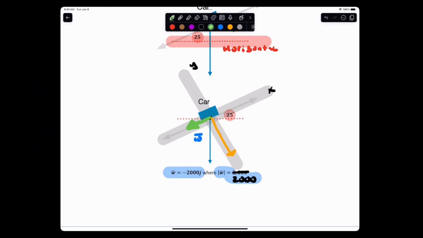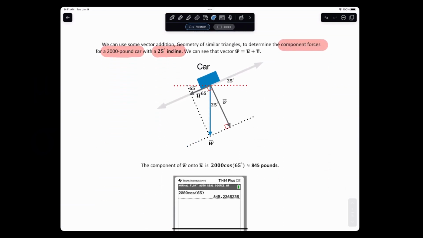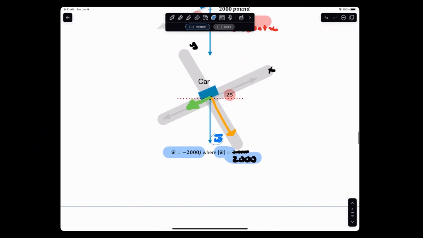That's the picture. You draw your x-axis and your y-axis. The W vector is still going down this way, okay? All right. And so that's what I'm saying here. This creates for us a triangle, though.